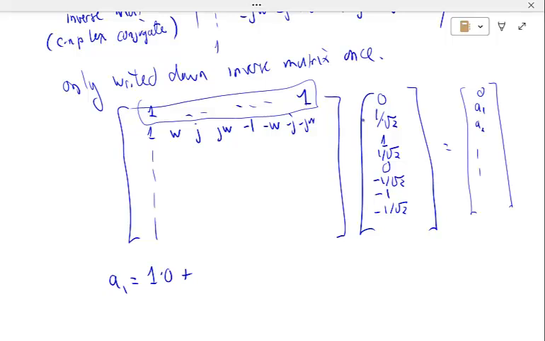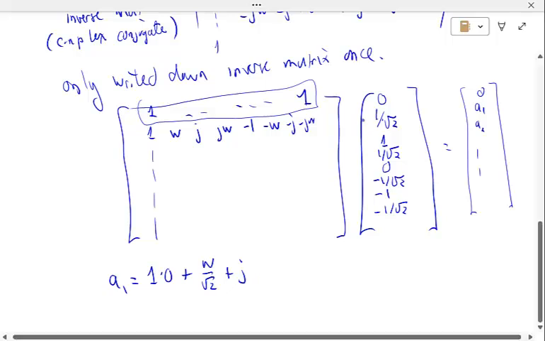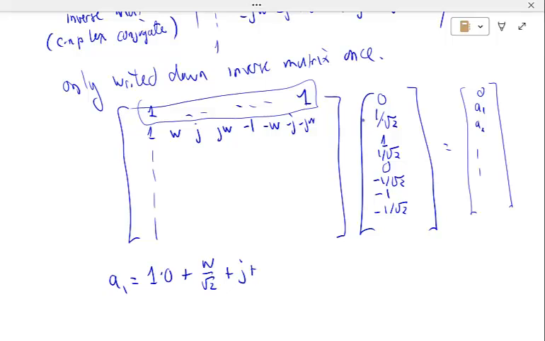It's going to be a w times 1 over square root of 2. So it's w over root 2. It's going to be plus j, and then here it's going to be jw over root 2. Okay. And then we have 0 again. And notice that here I have the negative numbers multiplied by the negatives here. So I'm just going to get the same thing again. So I'll multiply it times 2.